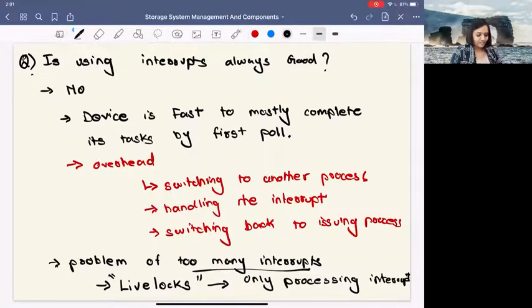So imagine if there are too many interrupts. If you have too many students in your class, back to our monitoring the class analogy, not 50, but imagine you have 50,000 students in your class, and imagine you're the only TA in that class. It would be the worst place to be, first of all.